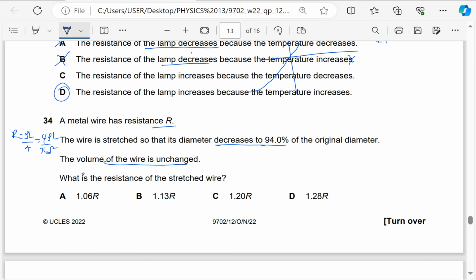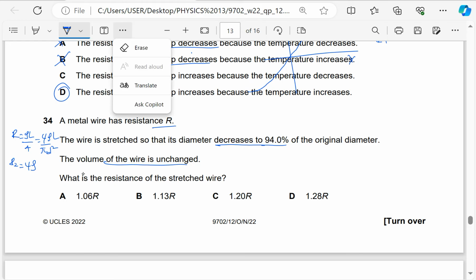Let's say the first wire has resistance R, and R is 4 rho L over pi d squared. And for the second wire, I'll call its resistance R2, and R2 is going to be 4 rho, because it is the same wire, so the resistivity has remained, but the length has changed, and I have to find that length.